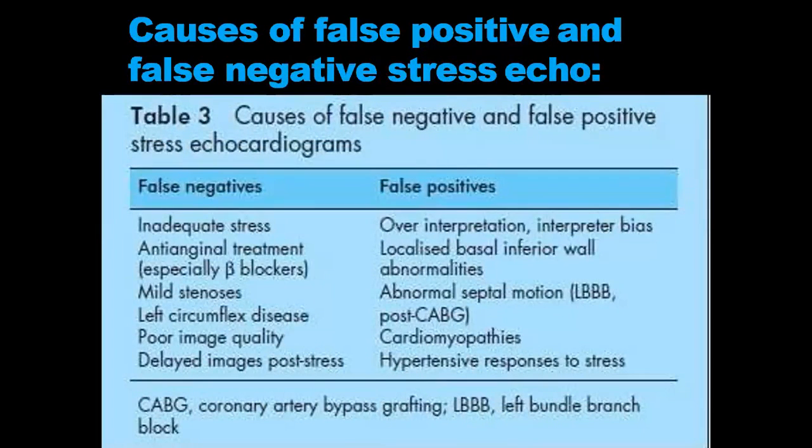There may be false positive and false negative stress echo. Every test has a chance of false positive and false negative. If we give inadequate stress, or if the patient is on anti-anginal treatment, there may be a false negative result.